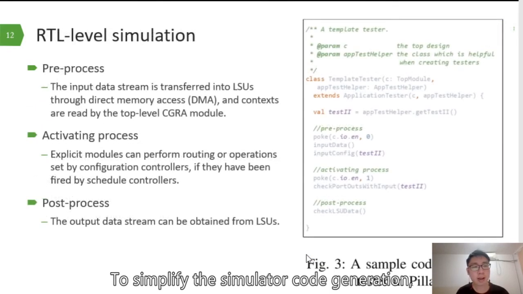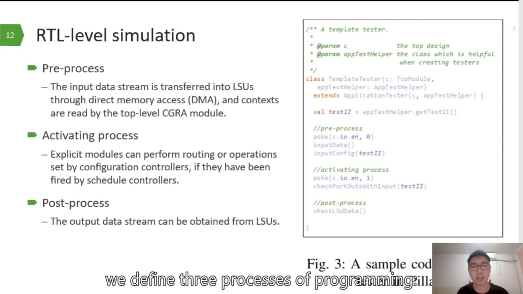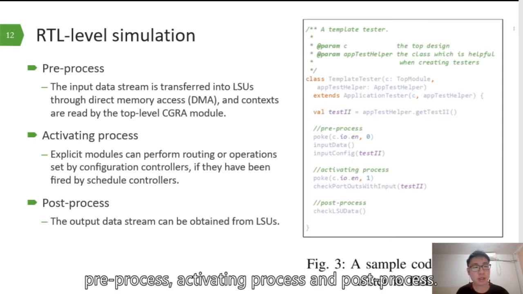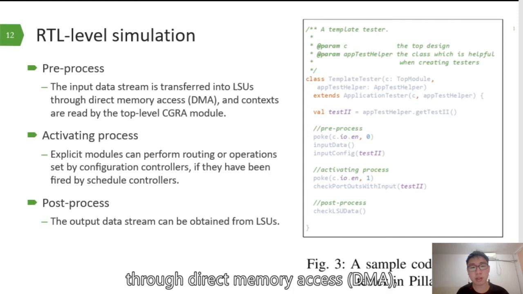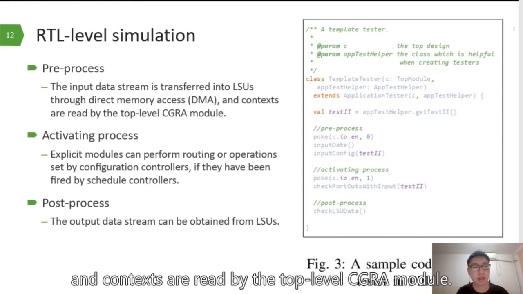To simplify the simulator code generation, we define three processes of programming: pre-process, activating process, and post-process. In the pre-process, the input data stream is transferred into LSU through direct memory access, and the contents are read by the top-level CGRA module.